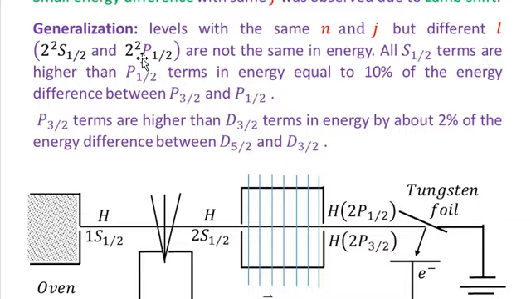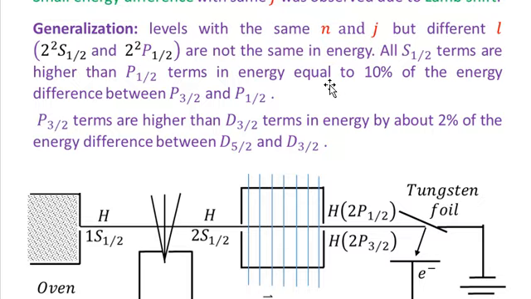So n and J are the same for the two terms, but the value of L is different. For 2S1/2, the value of L is equal to 0, and for the P term, the value of L is equal to 1. So here I am going to say that the levels with the same n and J but different L are not the same in energy.